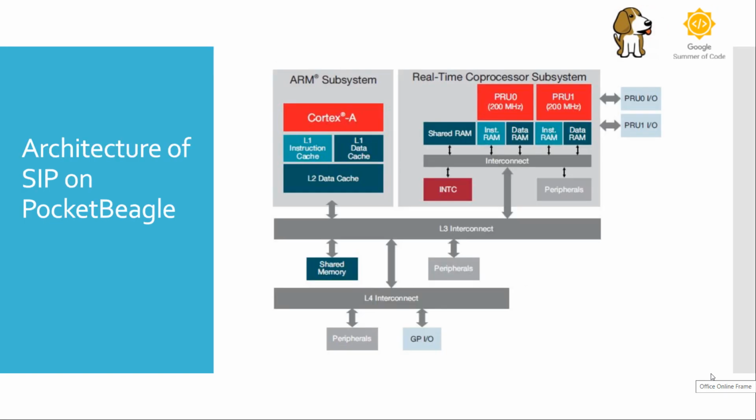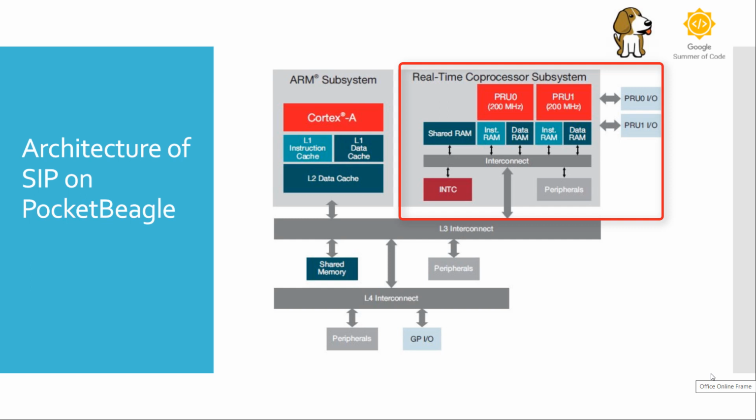Here you can see two very important subsystems of Octavo's system in package, which is at the heart of PocketBeagle. As you can see, the main processor is based on ARM Cortex A8 architecture, and it runs a Linux operating system. The other subsystem, called the real-time coprocessor system, consists of two PRU units.